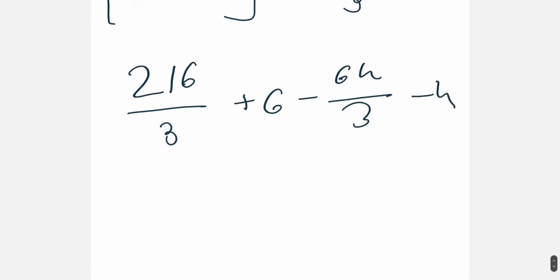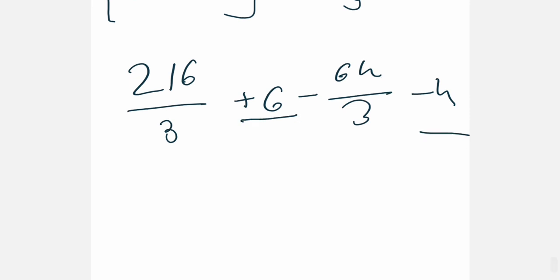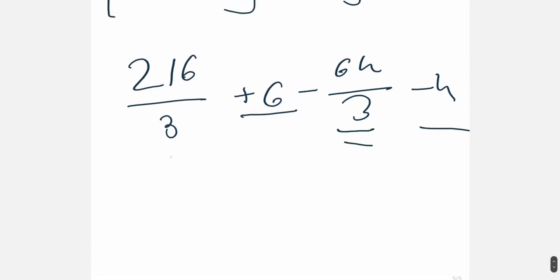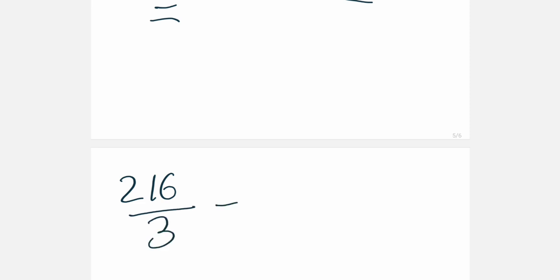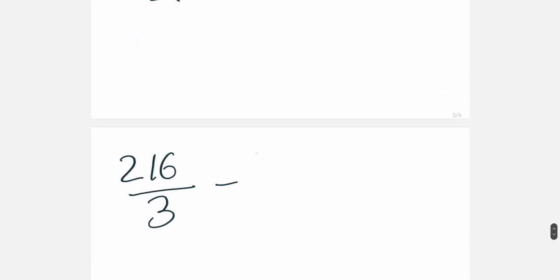Here we can do the like terms. So this is like this, and this here is like this. So we can do 216 divided by 3 minus 64 over 3.